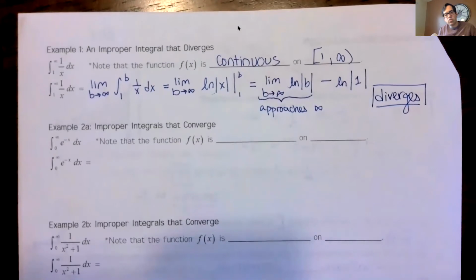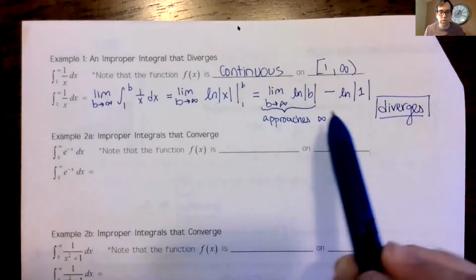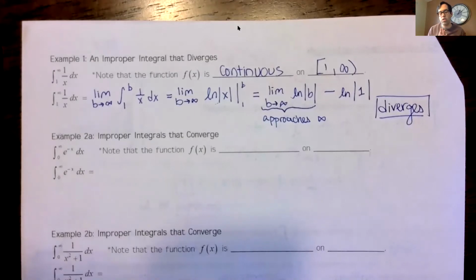And when an integral diverges, we just write diverges, and as long as we showed the work, that's the answer. When we converge, we usually converge to a specific number, right? Because there is a sum. If it diverges, it means it's approaching infinity. You could say something like it diverges to infinity, but all we really need to write to answer the question is that it diverges, and that's the end.